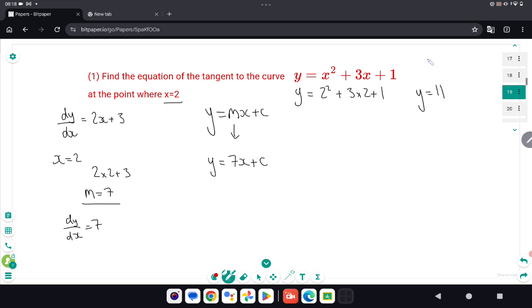So when x is 2, y is 11. Let's take 14 off both sides, which gives us our intercept is minus 3. So our equation is y is equal to 7x minus 3.